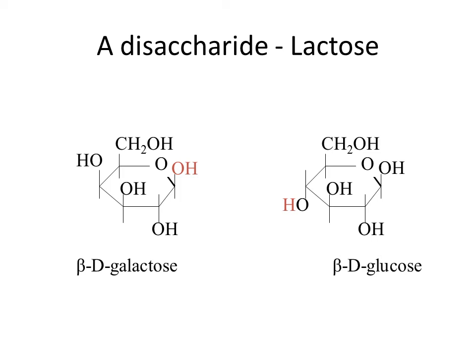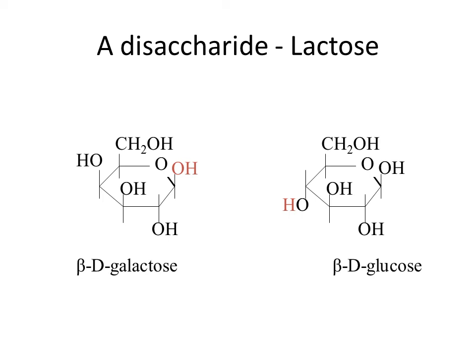Now you can see that the beta galactose has the hydroxyl group on the carbon that has the ring oxygen on it. That hydroxyl group is up. If I look at beta glucose, you can see that the hydroxyl group on the carbon that has the ring oxygen on it, it is also up.